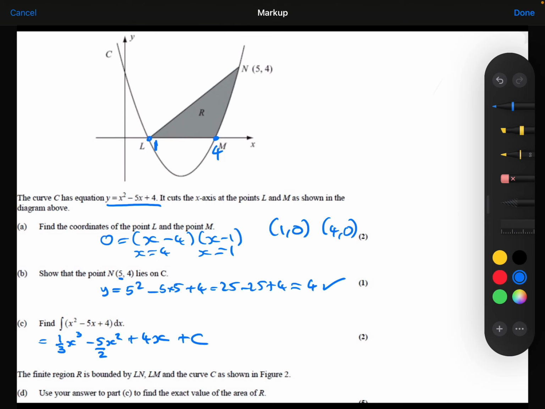Now, the way I'm going to do this is if I draw a vertical line at point N, where the x coordinate is 5, and I use my answer from part C and integrate between 4 and 5, it's going to tell me the area between the curve and the x-axis here.